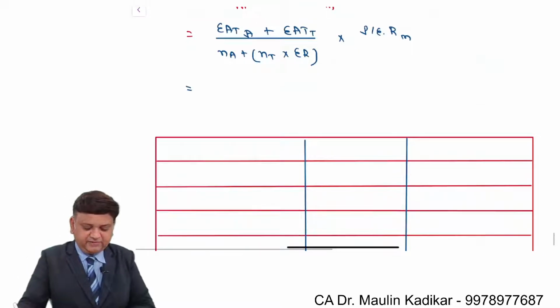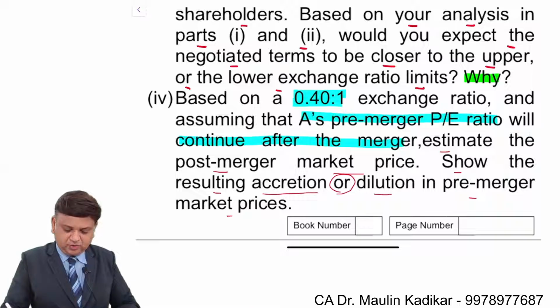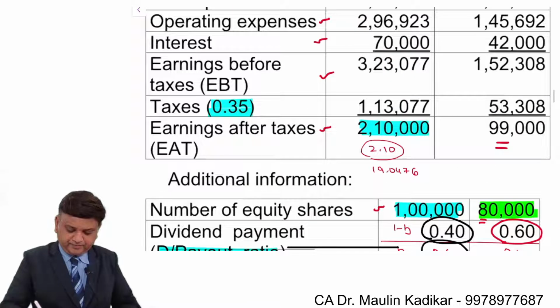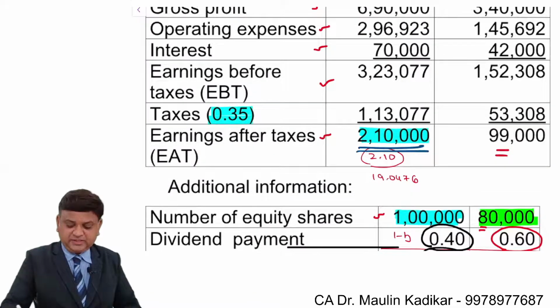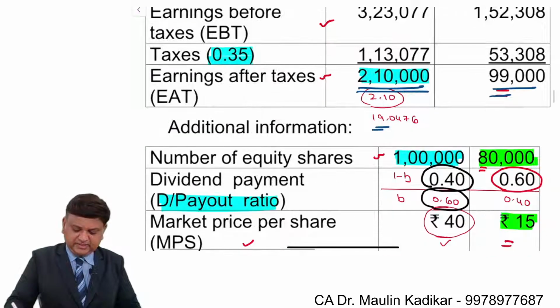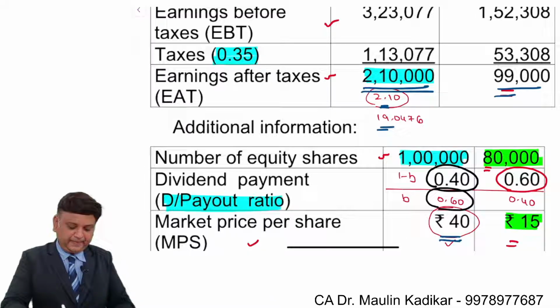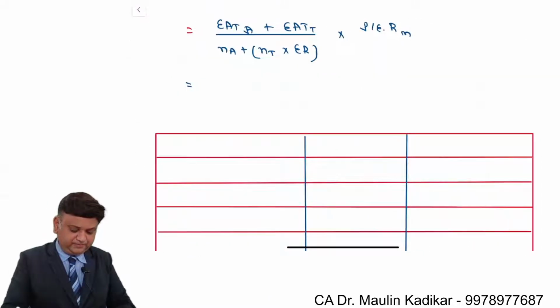As far as the earning after taxes of A is concerned, it is an amount of rupees 2,10,000. Earning after taxes of T is 99,000. The price earning ratio of A Limited is 19.0476 or 19.05. That is MPS of A divided by EPS of A, which we already have calculated above.